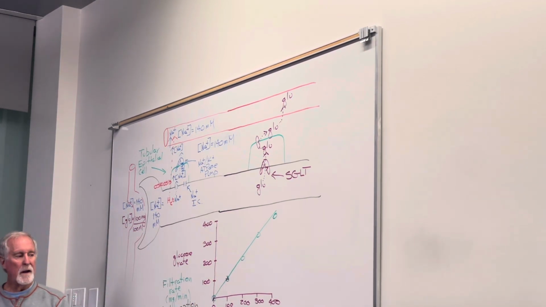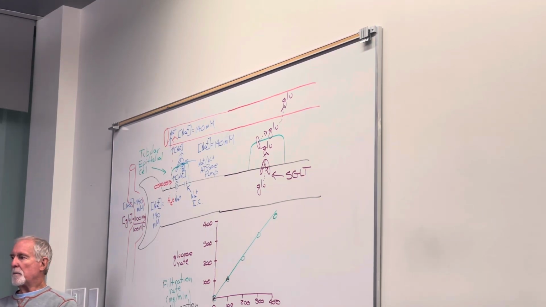Mr. Cow, if the concentration of glucose in the blood is 200 milligrams per 100 milliliters, what will be the reabsorption rate of glucose? I'm not sure, but I can surmise that at some point it will max out.